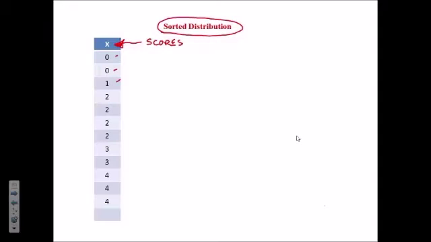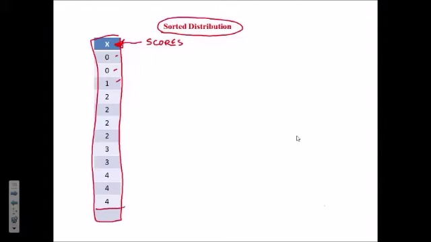When we have them in a chart like this, frequently we leave one space at the bottom for totals. So we could sum up the X's.